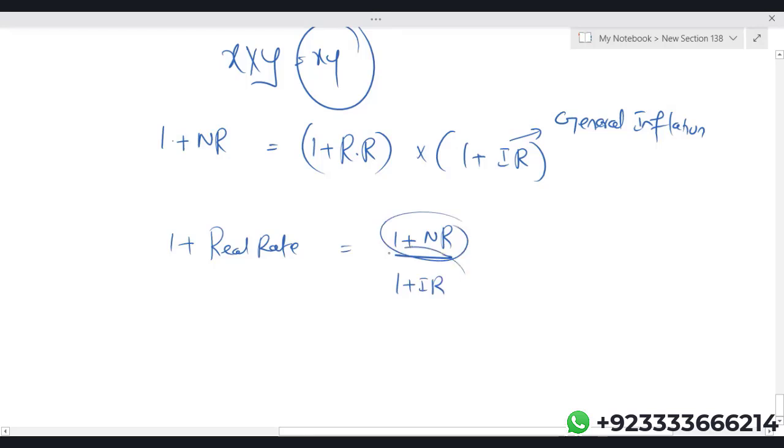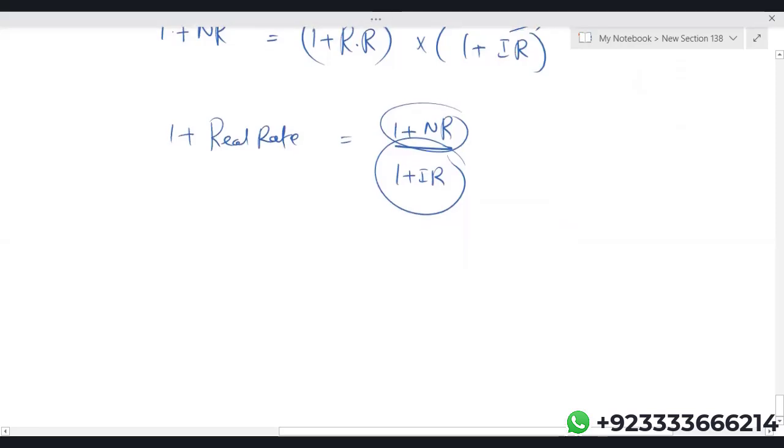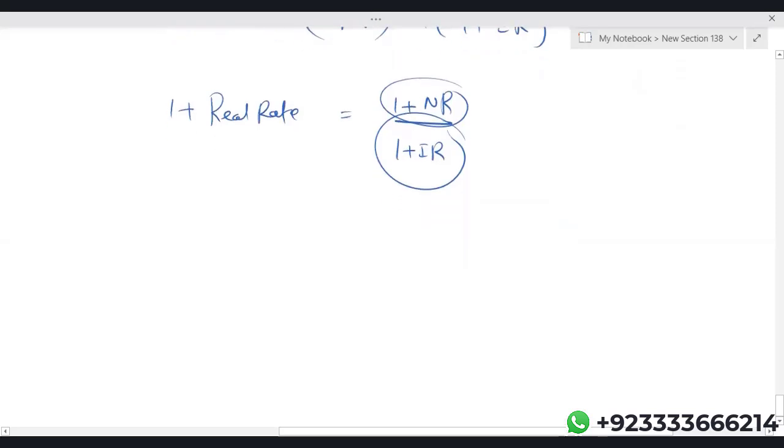Please try to understand: we are dividing 1 plus nominal rate by 1 plus inflation rate, and this inflation rate is the general inflation rate. We have seen how to convert real cash flows to nominal.